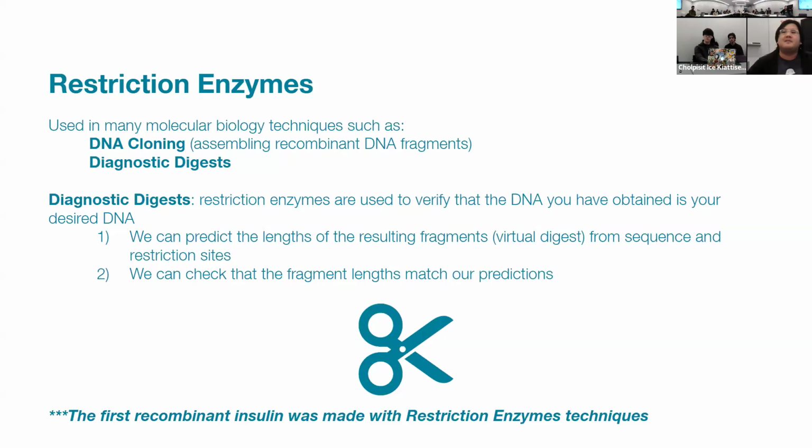Even though, if you look into the textbook, these are kind of primordial or primitive tools, it was used for making insulin. The first recombinant insulin that we used in our world used this kind of technology to start with. And a lot of the techniques that you will be using later on, if you are into biomedical research, you'll be using restriction enzymes. It's pretty hard to beat this kind of basic technology.